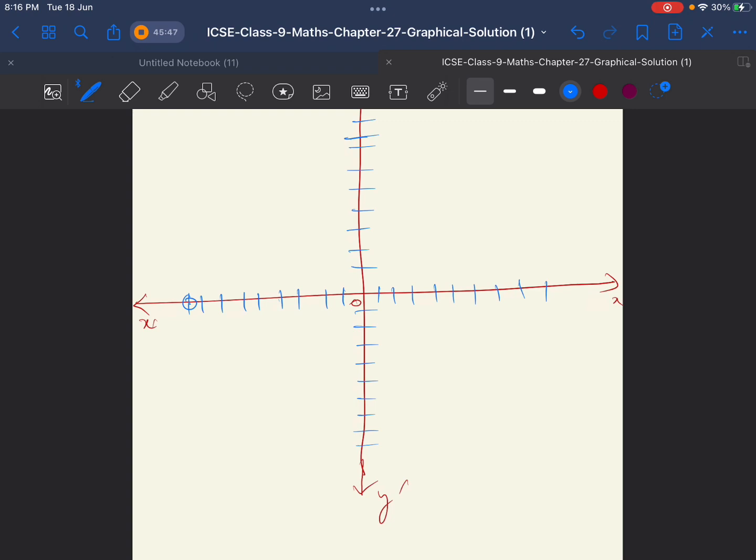This point is here. Then next point, minus 6, 4, counting minus 6 and then 1 2 3 4.